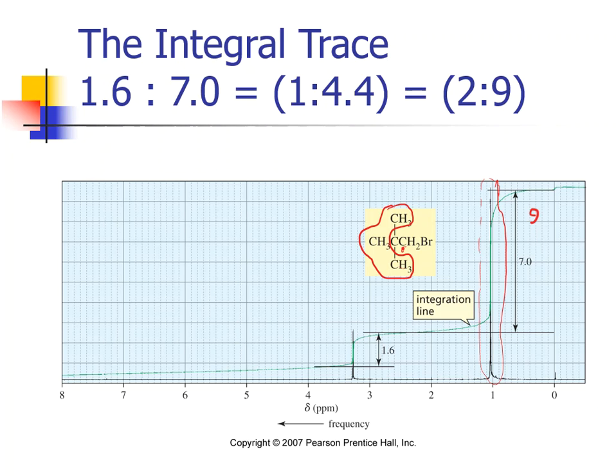And look at how many hydrogens that thing has. It has 2. And based on our math, using the integral trace, as we call it, we can estimate the number of protons that's giving rise to that signal. And that's how we do it. So that is the world of integration. Okay?